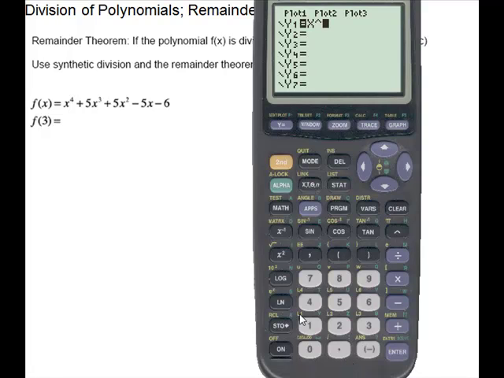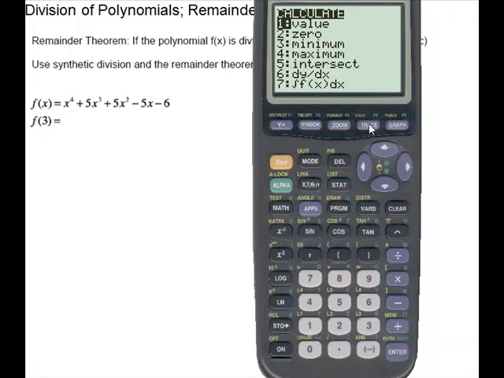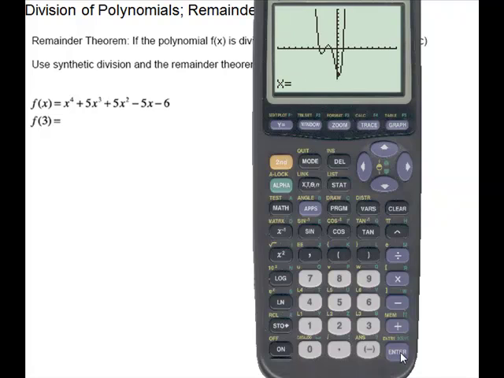So x to the 4th plus 5x to the 3rd plus 5x to the 2nd minus 5x minus 6, enter, and we could graph it. All right, and second calc value, and we want to know for 3. Enter, 240.